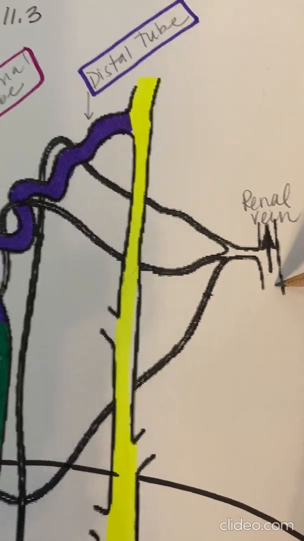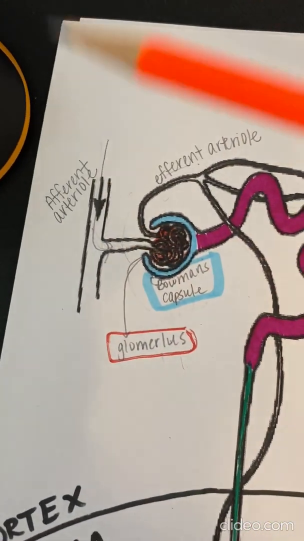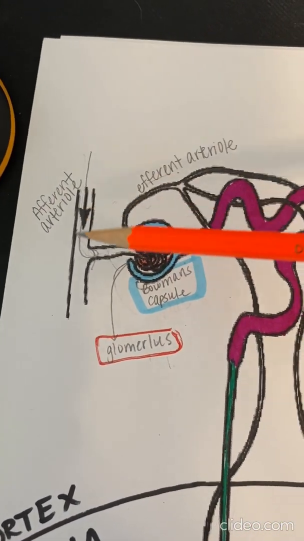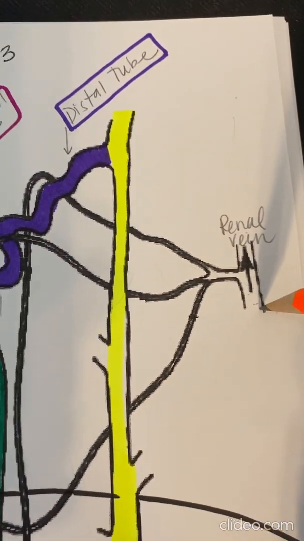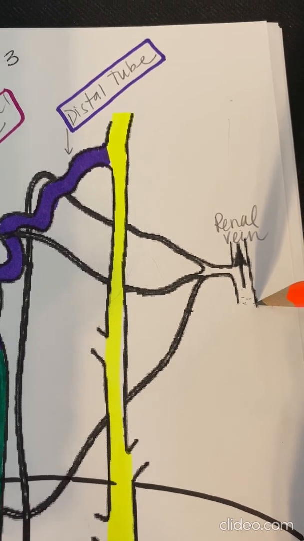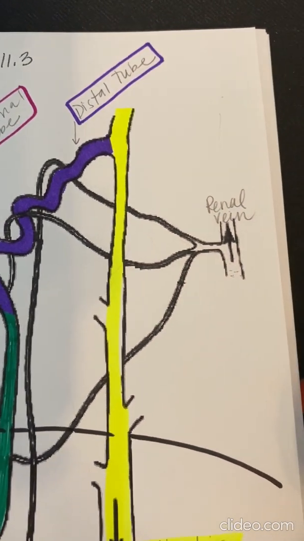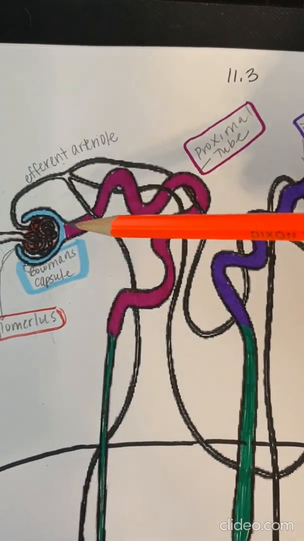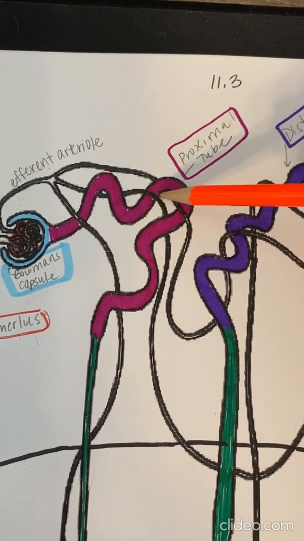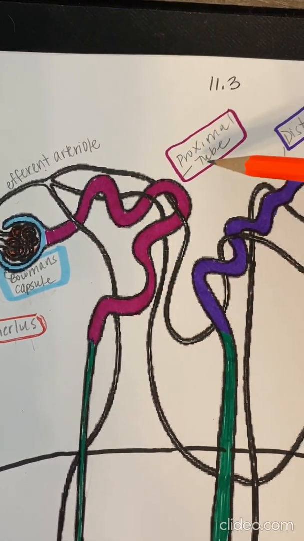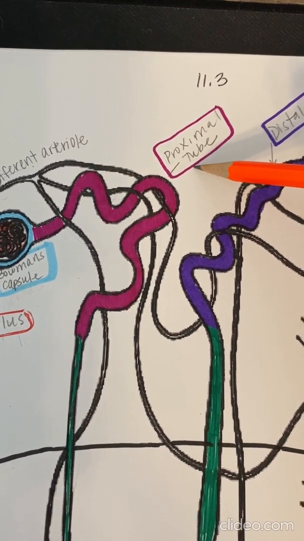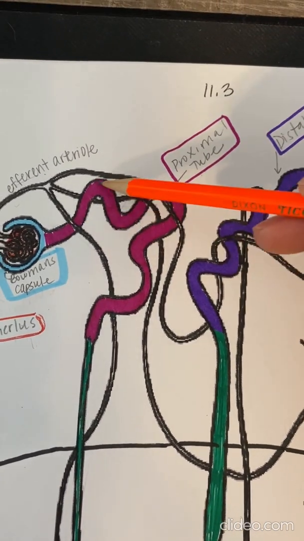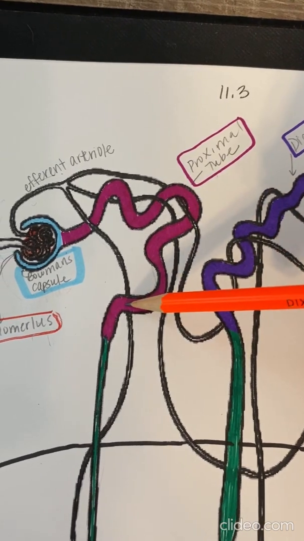Remember that when the blood comes in, it's toxic, it has waste. When it leaves, it's been purified and filtered, but it does have less oxygen because the kidney used some of that oxygen. This part here that I colored in pink is called the proximal convoluted tube.